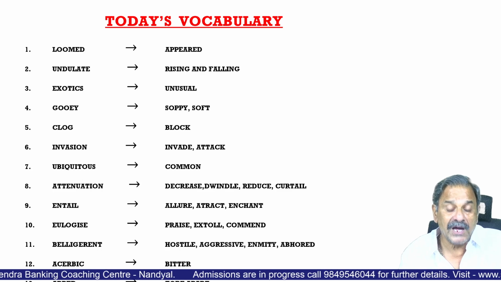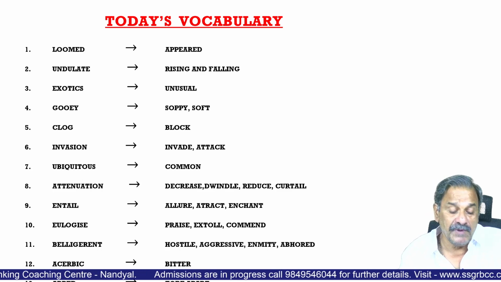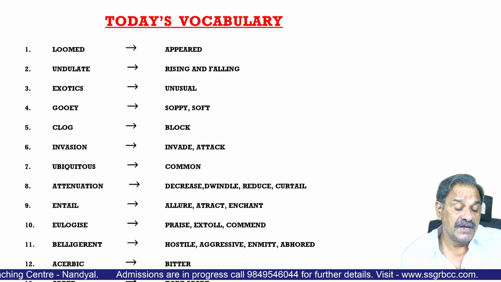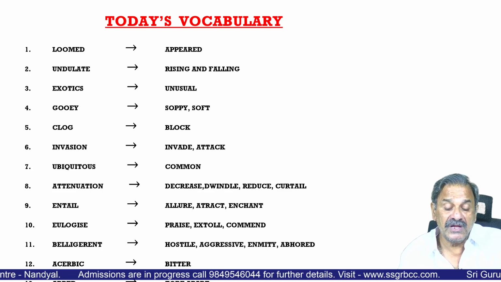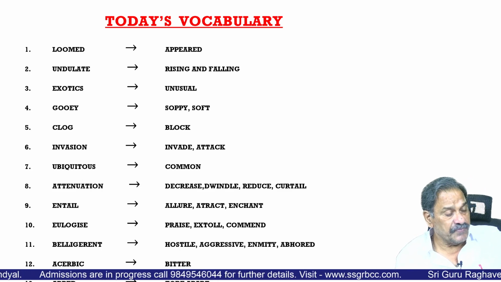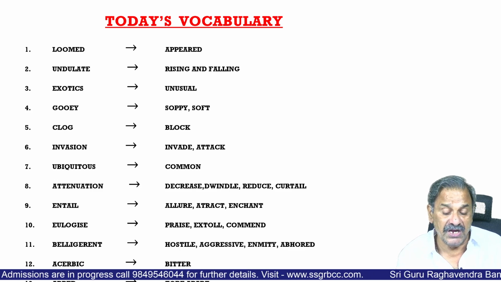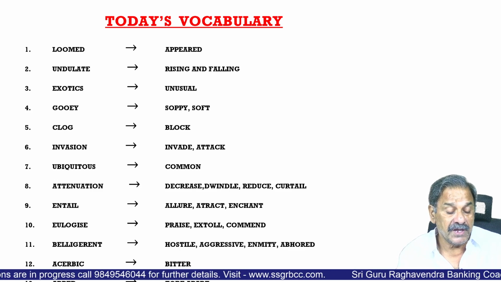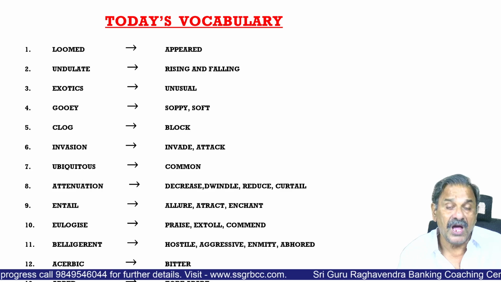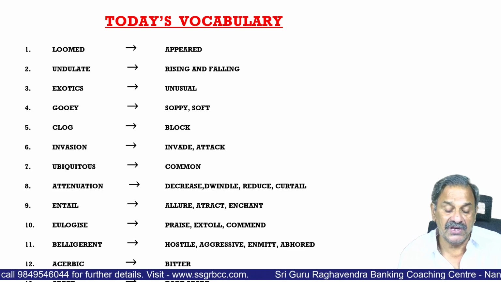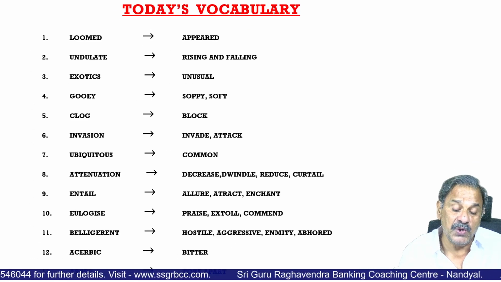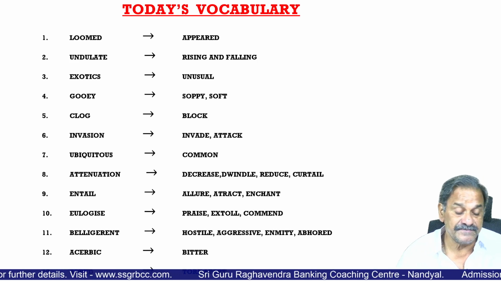Loomed means appeared. Undulate means rising and falling. Exotics means unusual, strange.